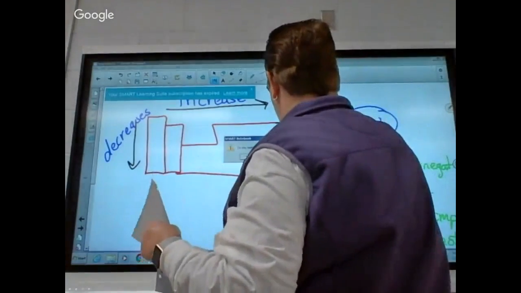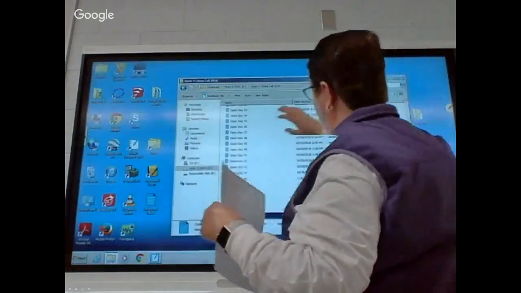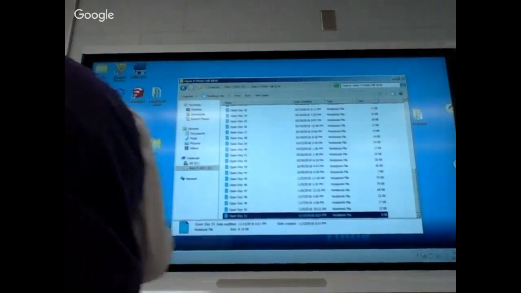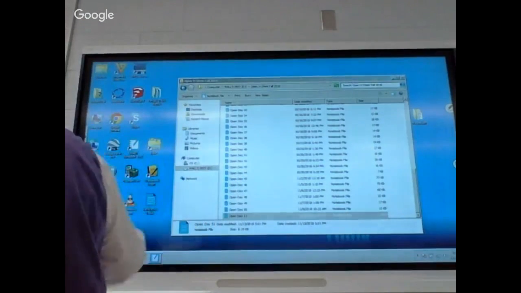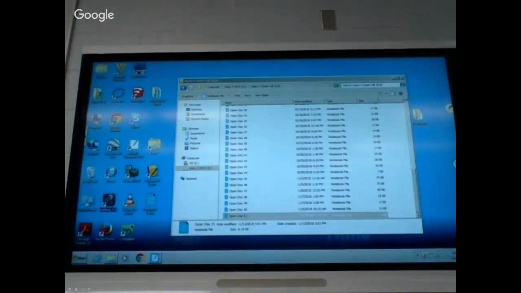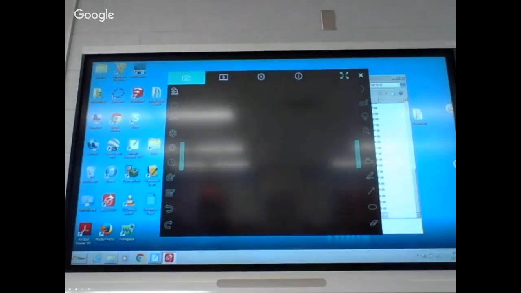Save changes. Cancel. This here at the moment. Alright, make that bigger.